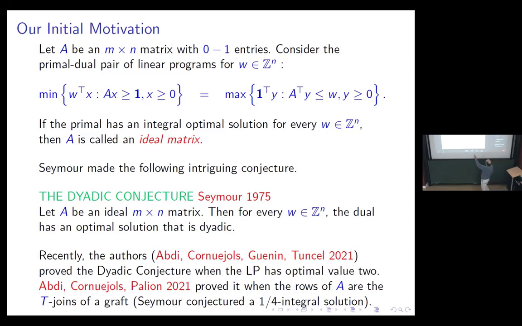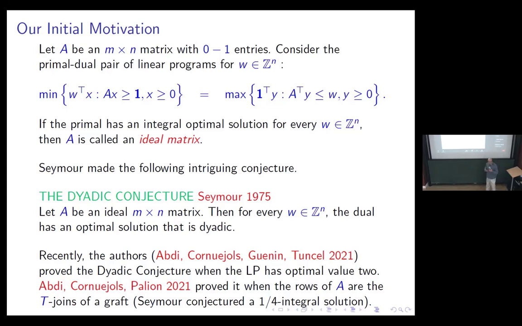And so Seymour was interested in understanding the fractionality in this dual. So his conjecture is that, in fact, the dual always has an optimum solution that's dyadic when w is an integral vector.